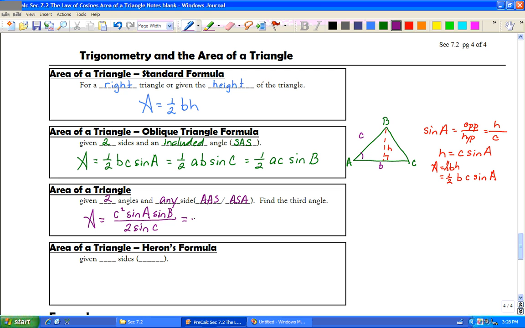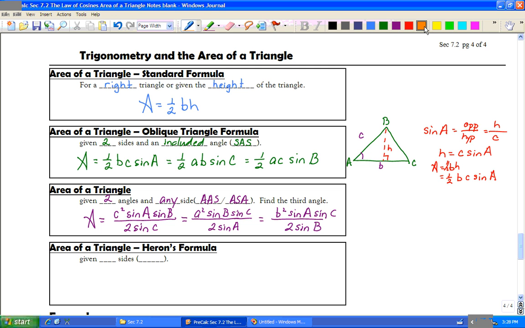So if we want to write those in our different forms, if we have A squared, that's going to be the sine of our other two angles, so sine of B and sine of C, all divided by 2 times the sine of angle A. And then the last case that we have is B squared times the sine of angle A times the sine of angle C, all over 2 times the sine of angle B.